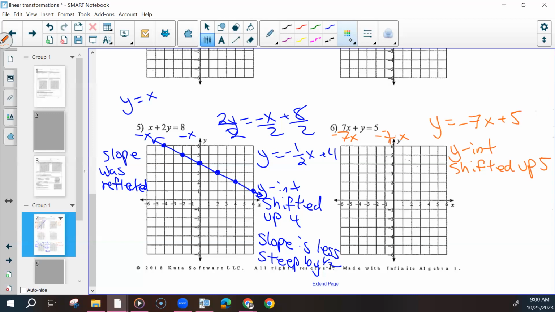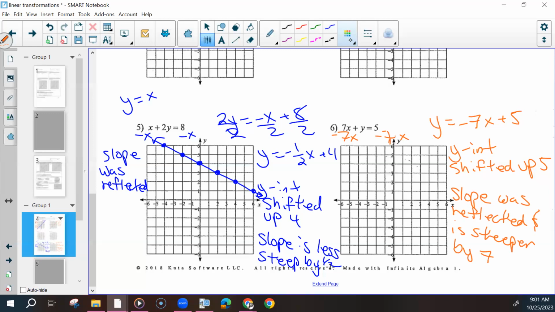What else? The slope is steeper by 7 and looks reflected. The slope was reflected and is steeper by 7, or 7 times as steep.